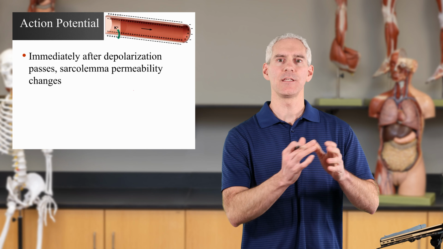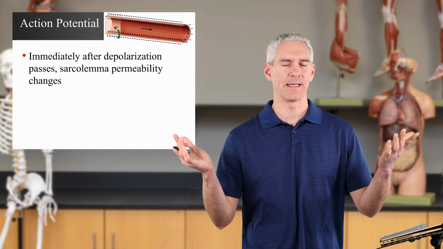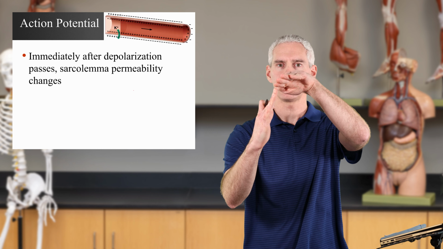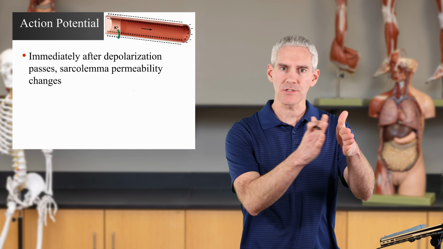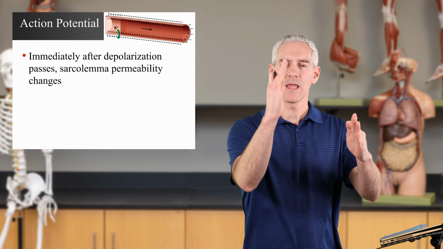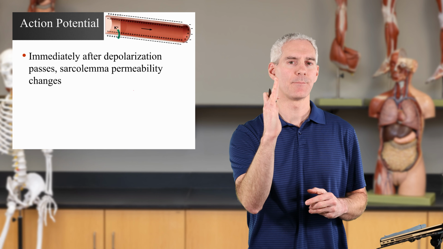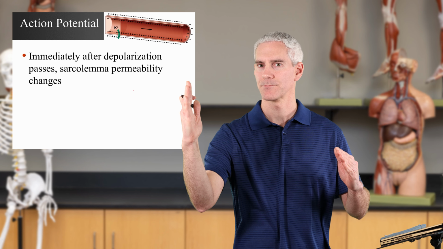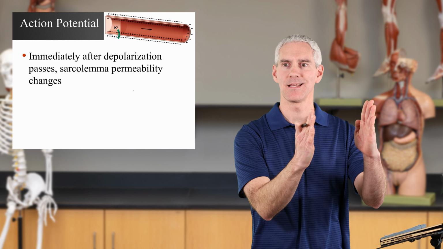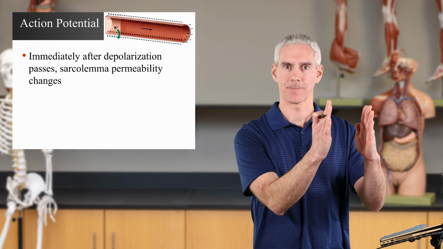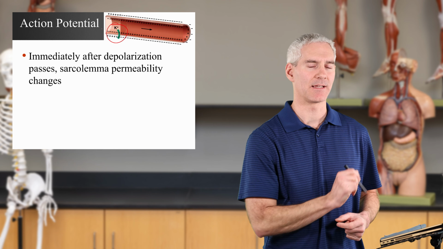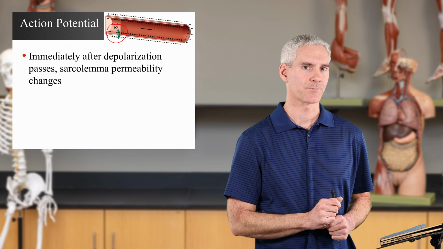So think about a wave in the ocean, or a wave in the lake, or wherever you want to look. You have the front part of the wave. It comes up, it crests, and goes down. There's a thickness here. If the front part of the wave is the movement of sodium ions, they're washing down the membrane. Right behind it is potassium ions. Now you can see here, potassium is leaving the actual cell.